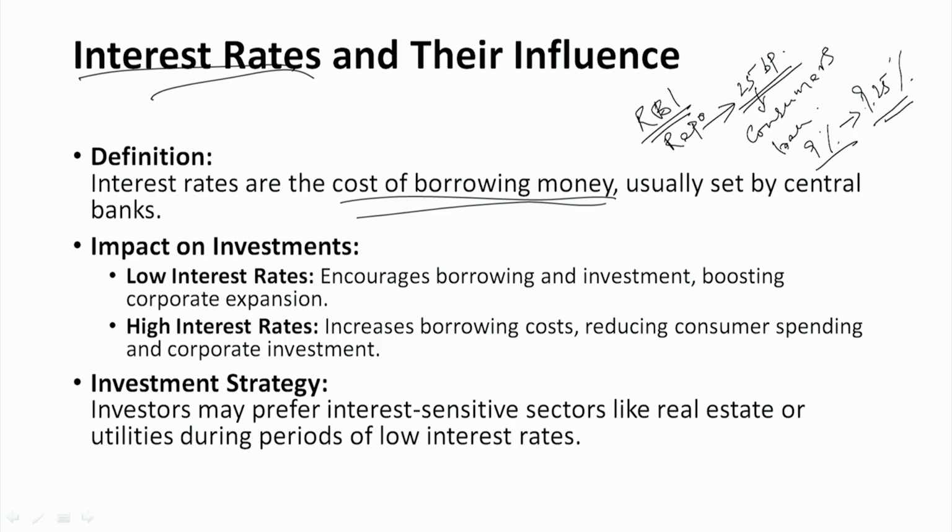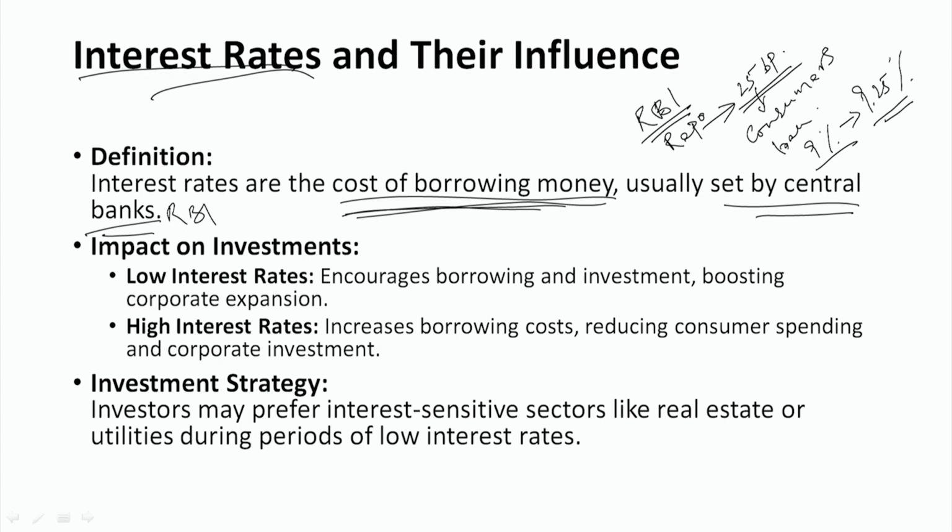So the excess part the borrower will have to bear. Interest rate is nothing but the cost of borrowing, which is usually set by the central bank, and in the Indian condition, the central bank is nothing but the Reserve Bank of India.